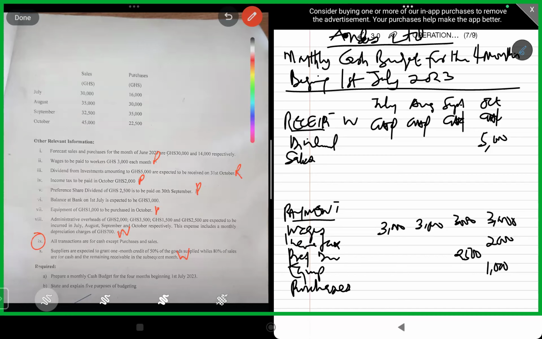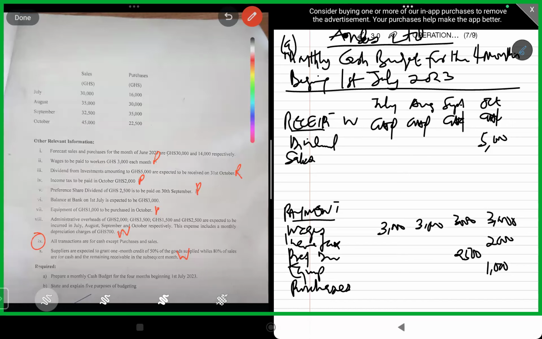So from what you just learned, when you are commencing, you read the requirement, read the entity, write the entity's name, write the requirement for A, monthly cash budget for the months. Then you go and read the question, write all the payments which are easy to obtain, easy to derive, or easy to record.